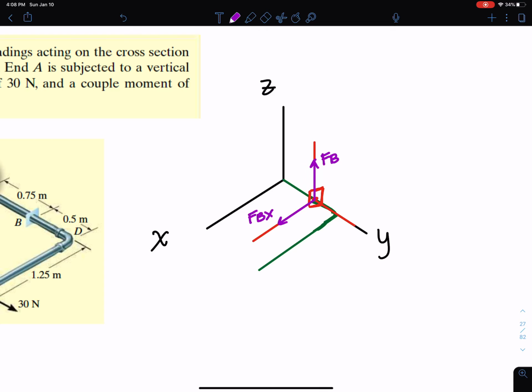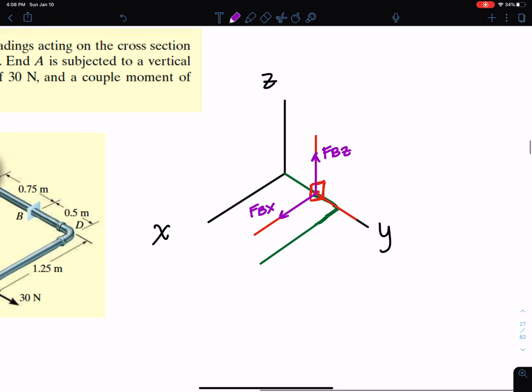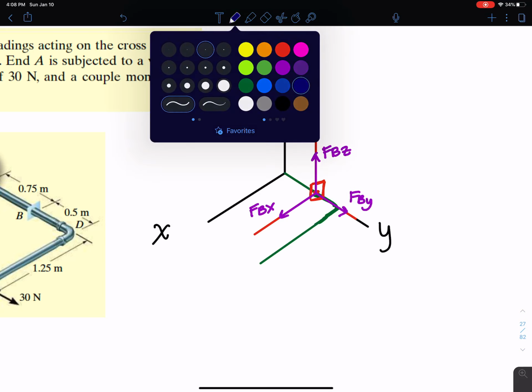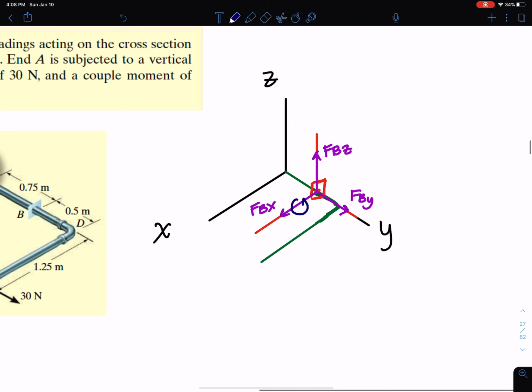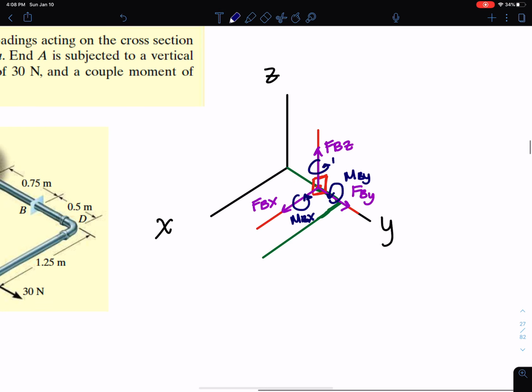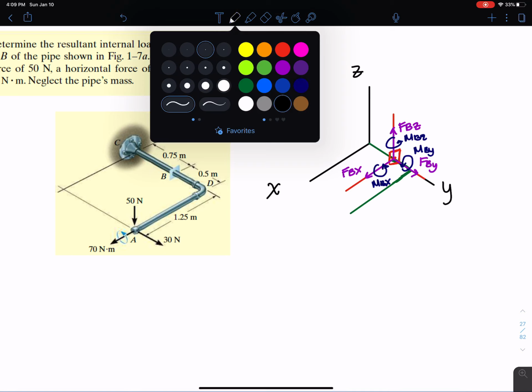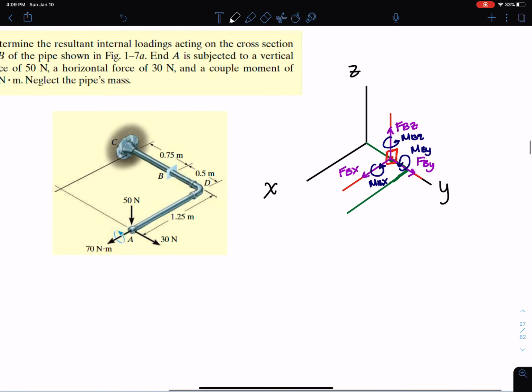And then I'm going to use a different color for my moments. So I have all of these internal forces, and that's basically what I'm trying to solve for, given the loading on the system.